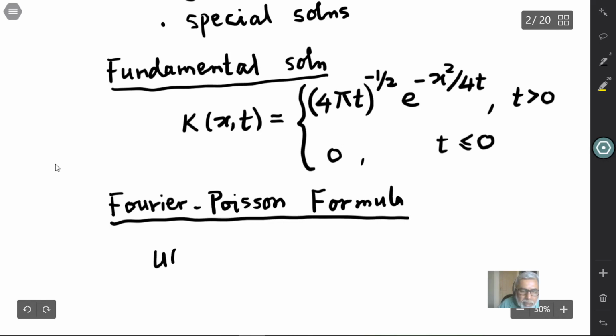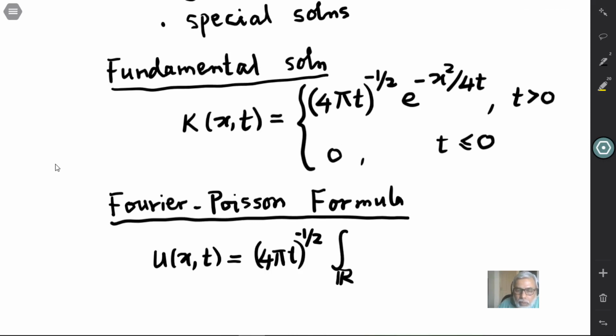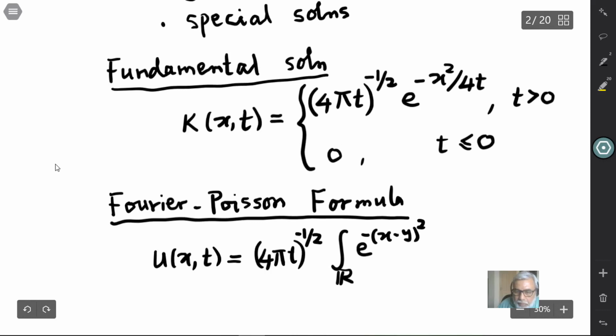u of x, t is equal to (4 pi t) to the minus half, integral over R, e to the minus (x minus y) square by 4t, and the initial condition g of y dy.